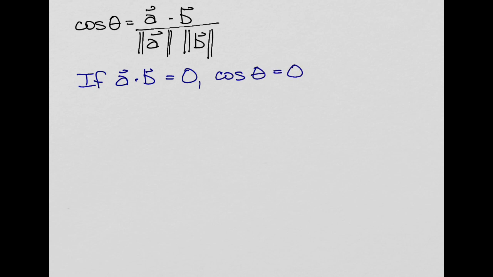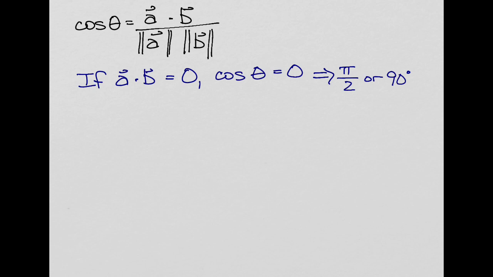Well, what angle has a cosine value of 0? That would be pi over 2 or 90 degrees. So if I have two vectors whose dot product is 0, I know that means the angle between those two vectors is 90 degrees.